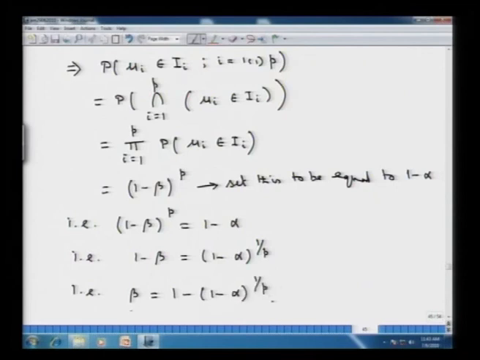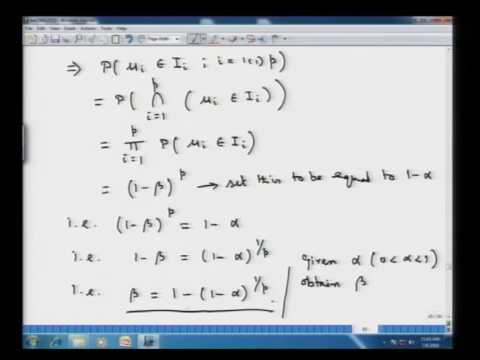So, from this statement, given alpha, which of course lies between 0 and 1 and is associated with the 100 into 1 minus alpha % confidence region, obtain beta using this equation, because we know p, the number of components we are trying to include in the joint confidence interval.